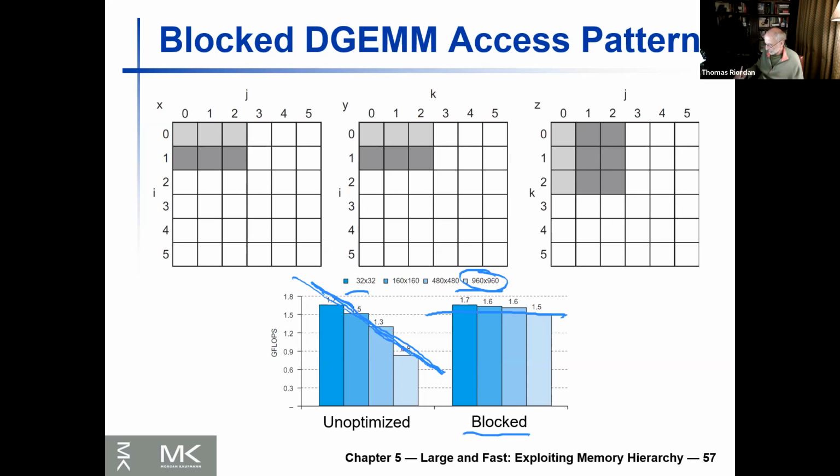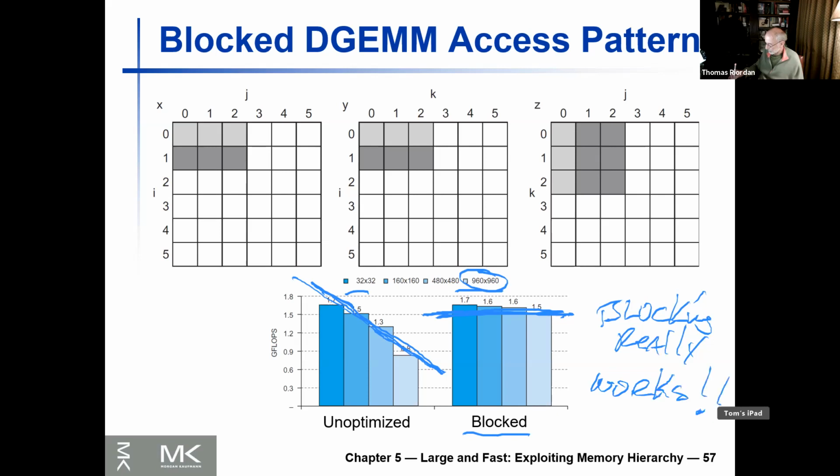And as soon as he blocks it, he gets a nice flat response, no matter what the size of the cache is. So blocking really works. It works quite well, as you can see, it just flattens that curve right out.